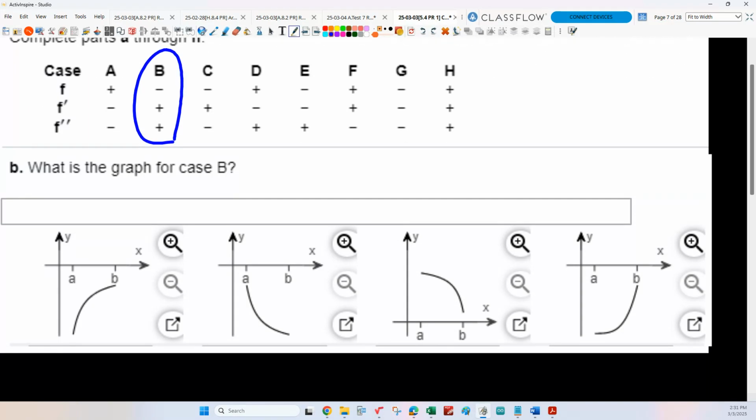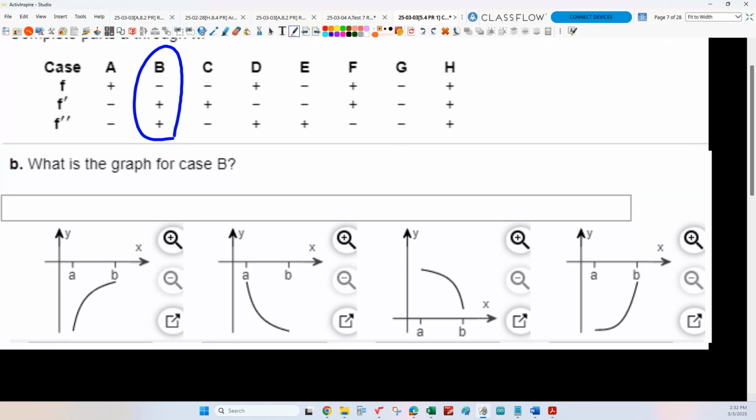Look at those and tell me which one of those is B. Show me with your fingers. Oh, which one is it? There you go. Yep. Okay, so the answer is 4.